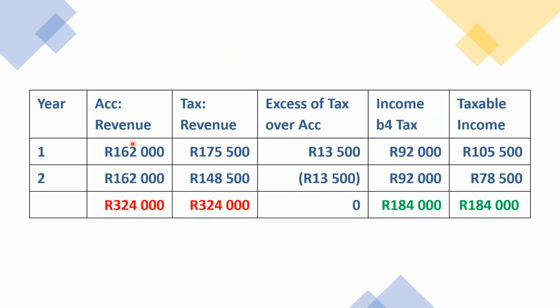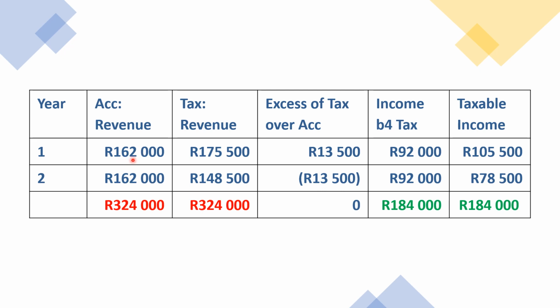So remember, from an accounting perspective, revenue says that you recognize revenue when you earn it, not when you receive it. So in this case, we received 175,500. However, we only earned 162,000. So we received more for next year. So remember, annually it was 162,000.